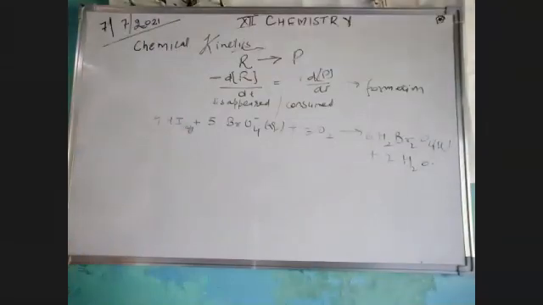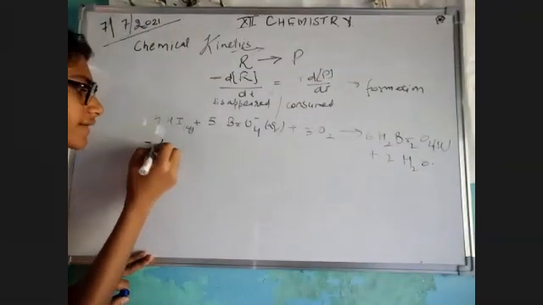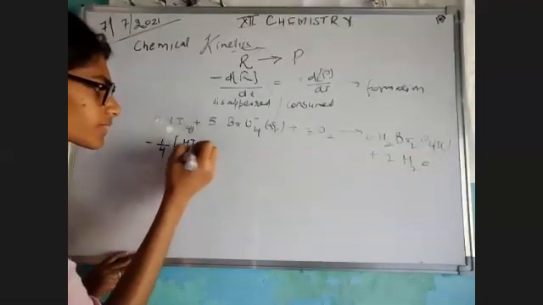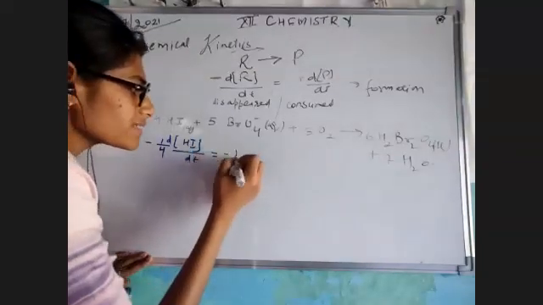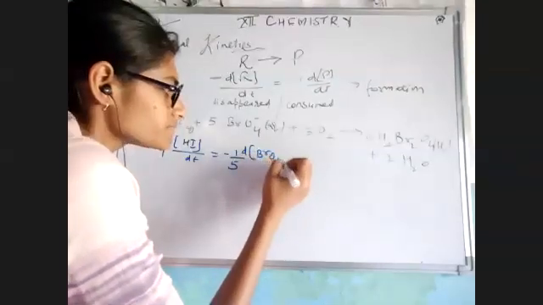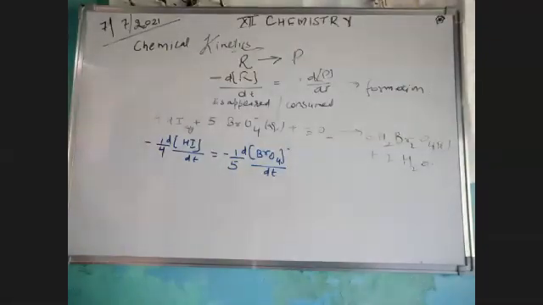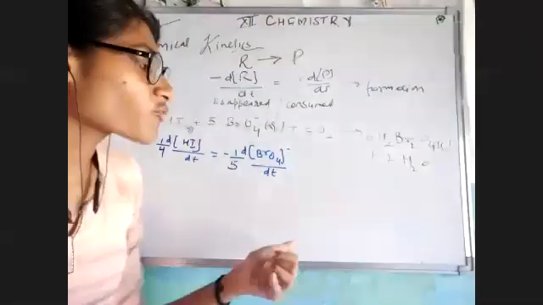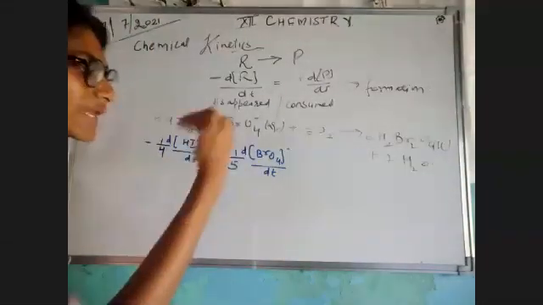So for this particular reaction, the stoichiometric coefficient would be taken lower down in the concept. Minus 1 by 5 d[bromate] by dt. That means the formula and the rate equation would be the same. The only difference is that the stoichiometric coefficient would be divided out.